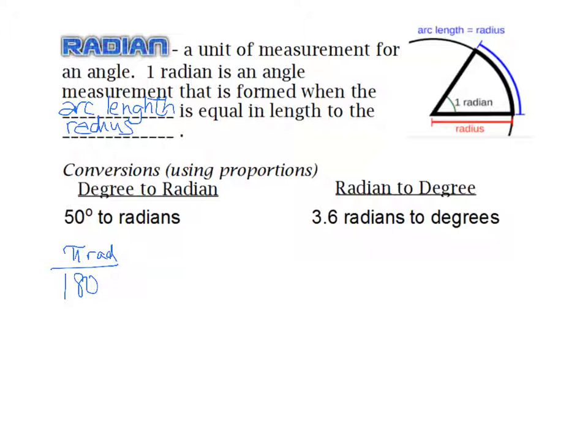We use that to set up a nice proportion: radians on top, degrees on bottom.